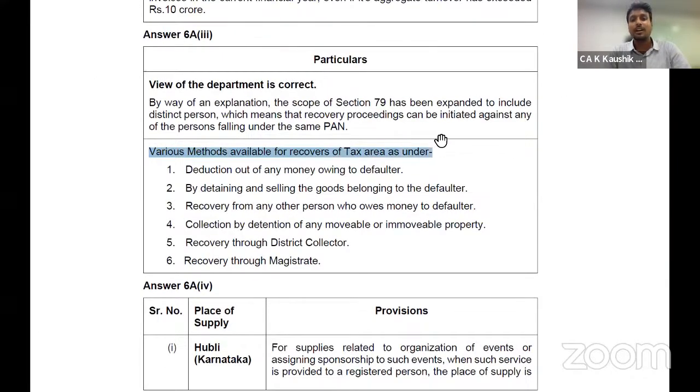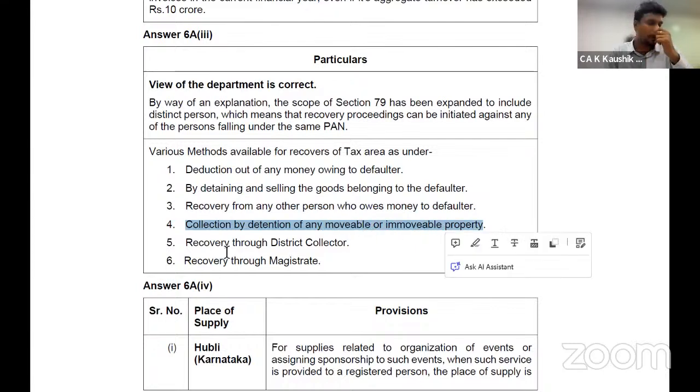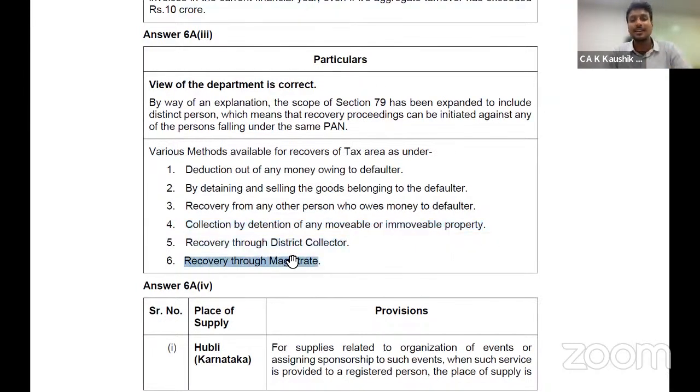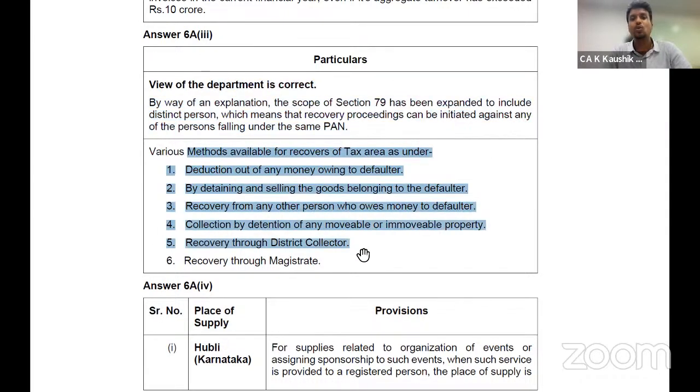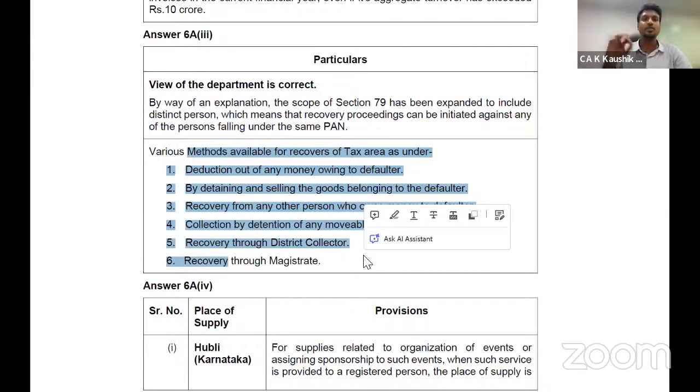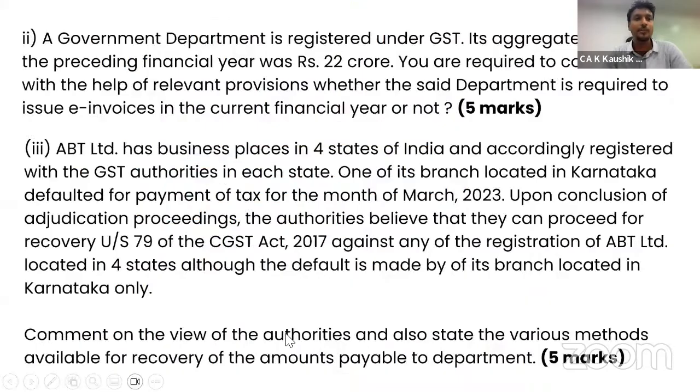Various methods available for recovery of tax arrears: deduction out of money owing to the defaulter, by DTA they can stop the selling of the goods and collect recovery from the goods, recovery from another person who owes money to the defaulter, collection by detention of any movable or immovable property, recovery through the district collector, and recovery through a magistrate. So these are all the things. The department's view is correct. They can recover from any registration of the same PAN of the same entity through these methodologies. So this is your third sub question of alternative question number 6A.